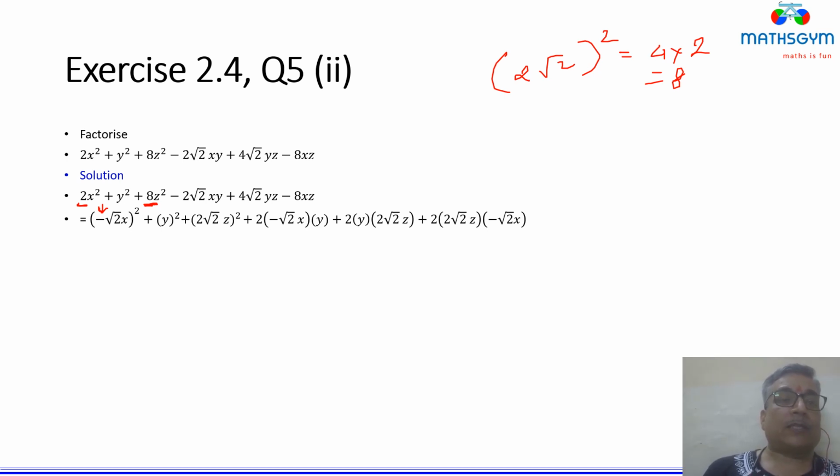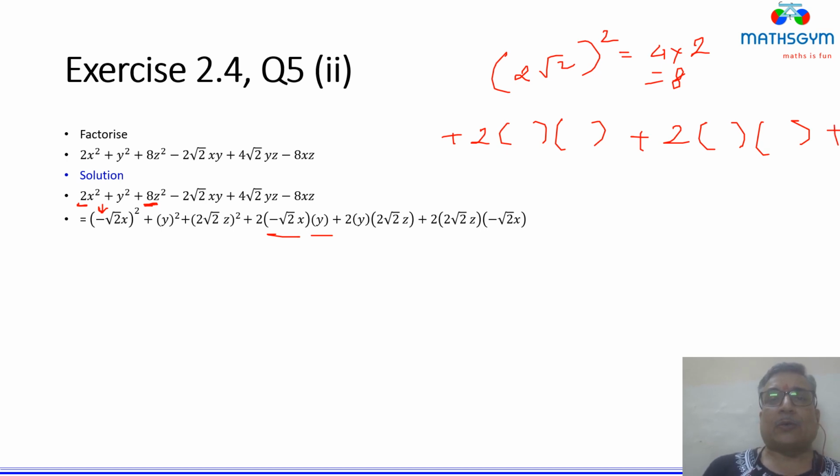Now this can be further written as 2 times first bracket second bracket. Make it a habit of writing like this, 2 times first bracket second bracket, again 2 times first bracket second bracket, and again 2 times first bracket second bracket. I'll tell you what it means in the next step.